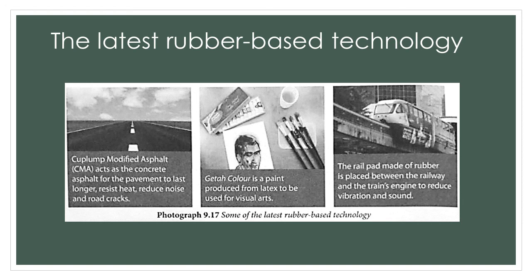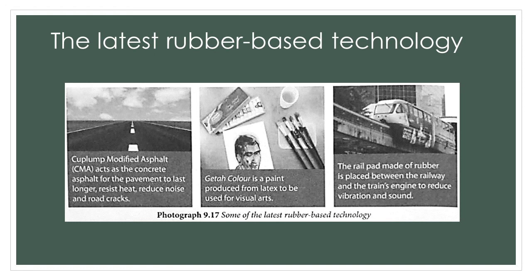So now our road is made from the CMA. Before, we tarred the road with bitumen only, but now we use rubber, vulcanized rubber, added to the bitumen asphalt. So we already modify it so it lasts longer, is heat resistant, and can also reduce noise and cracks.